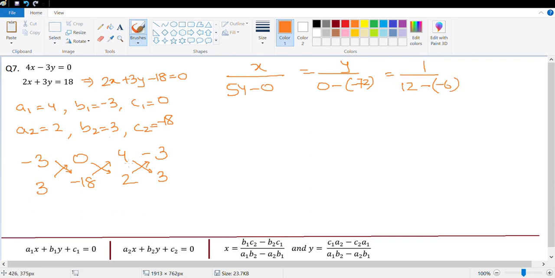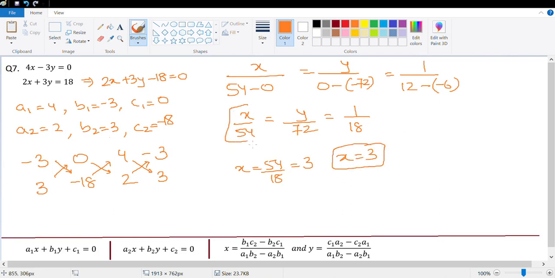Let me confirm, 12 minus negative 6. So this is x upon 54 is equal to y upon 0 plus 72, that's 72, 1 upon 12 plus 6, that's 18. So x is equal to 54 upon 18, which is equal to 3. So x is equal to 3.